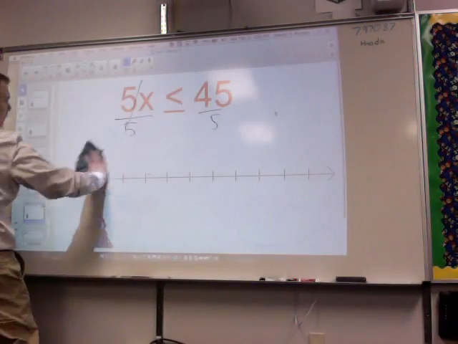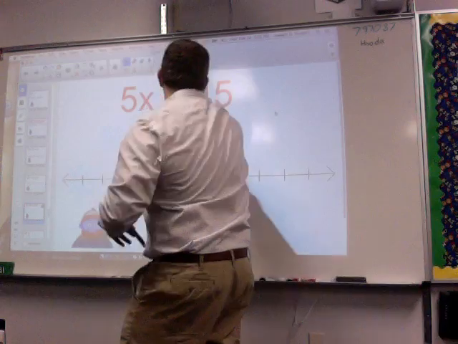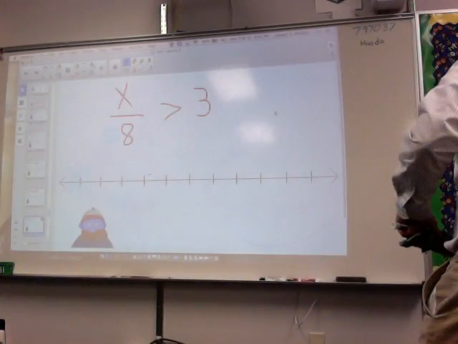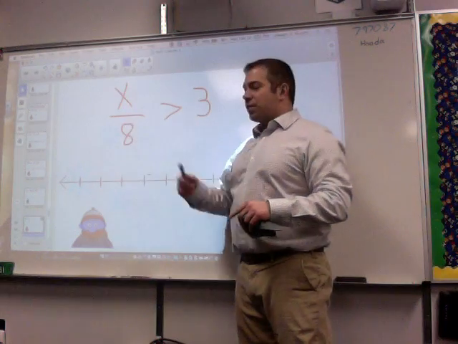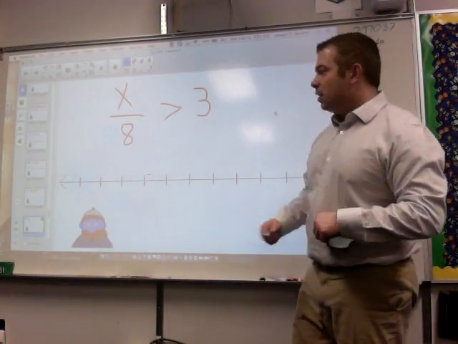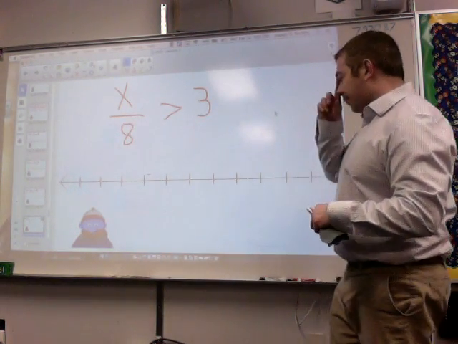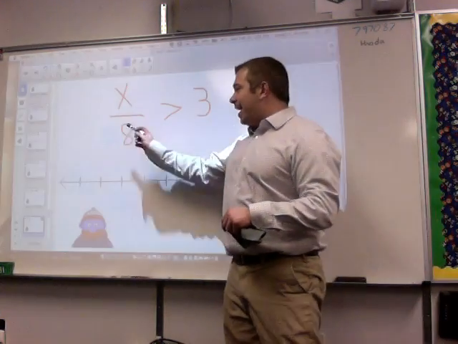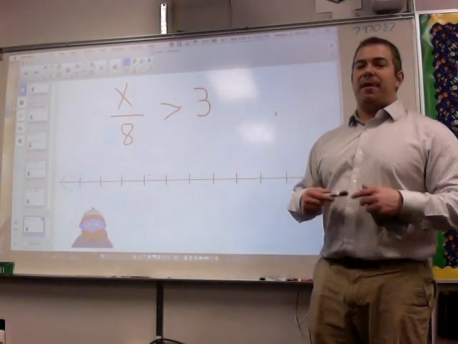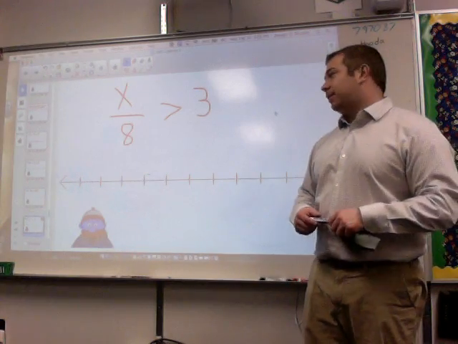I think it's going to be division this time. And here we go. We have x divided by 8, or x over 8, or x eighths, is greater than 3. All right, I have to get x by itself. If I'm dividing by 8, I should multiply by 8. I do the opposite, all right?